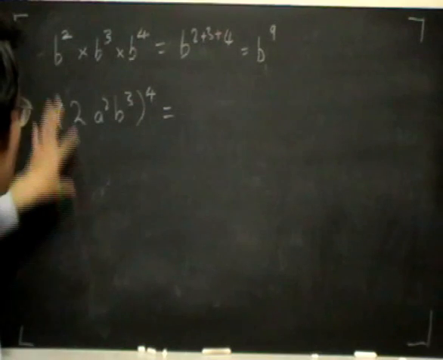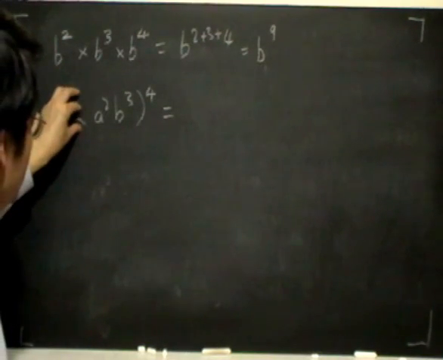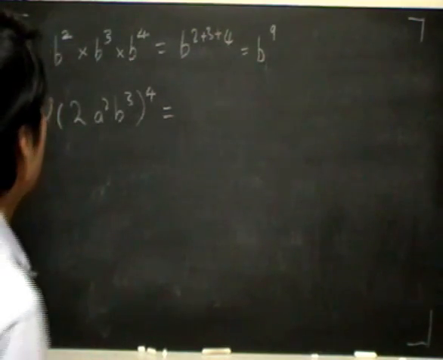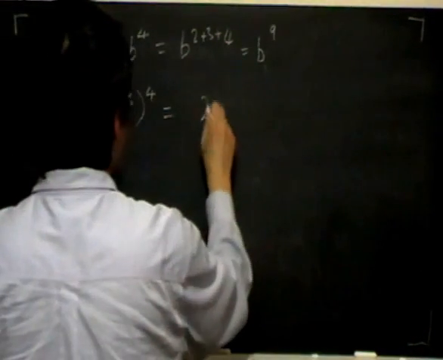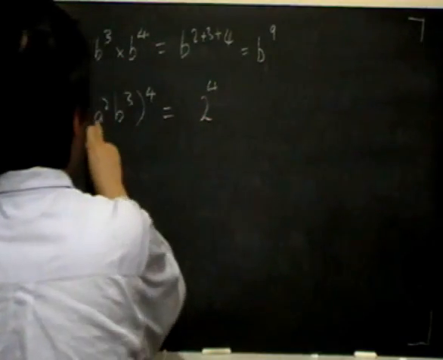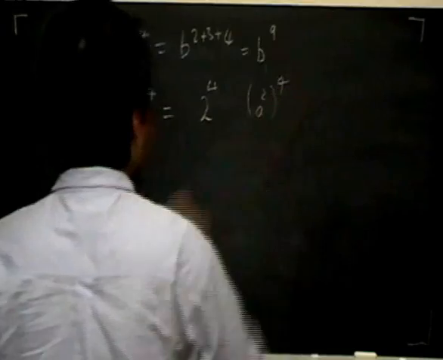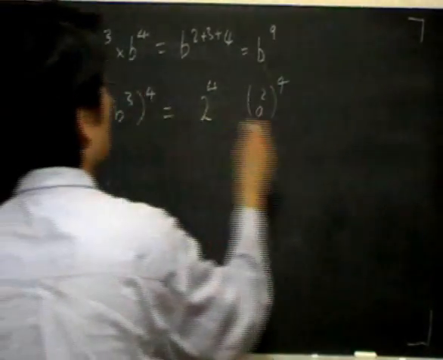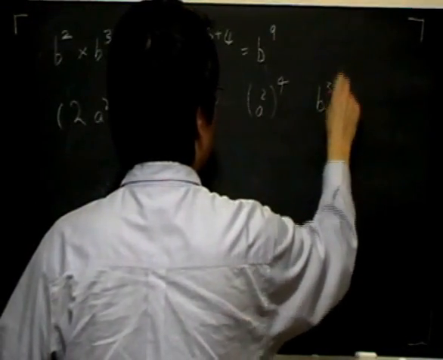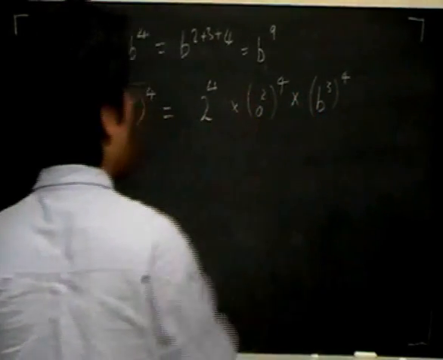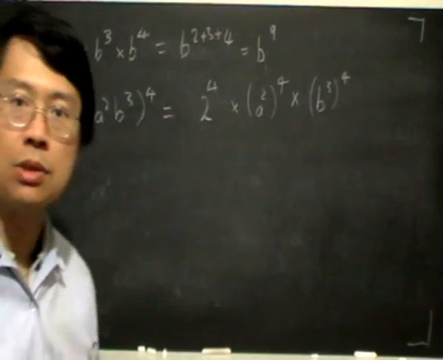So the way to do this is to raise each of the factors to the power of 4. So that means we do 2 to the power of 4, we do a squared to the power of 4, and we do b cubed to the power of 4. And then we multiply this.